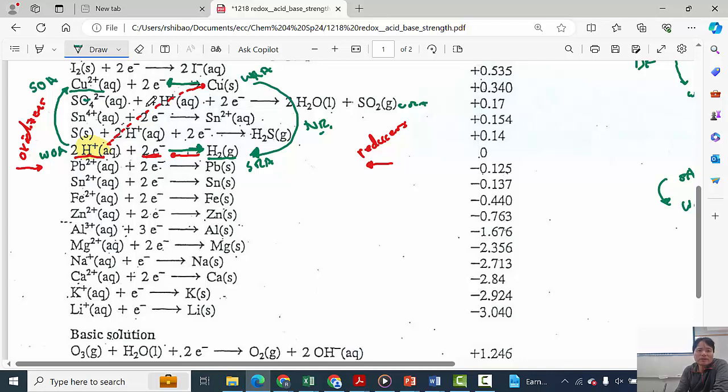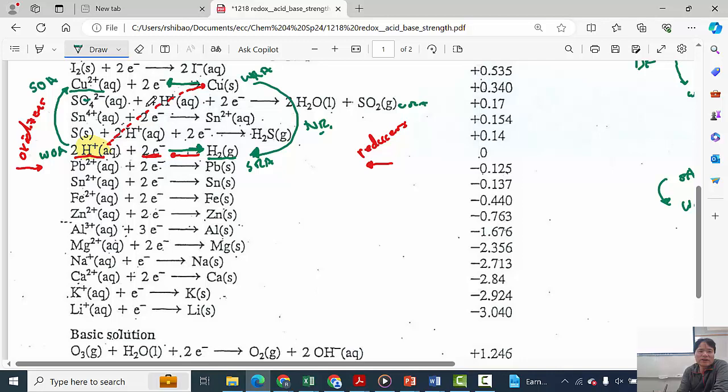So going from H plus to lead 2, we're going from stronger to weaker. When H plus reacts with tin, what forms? Tin 2 and hydrogen. So we're going downhill on the left and we're going downhill on the right, although it's uphill. When H plus reacts with iron, what forms?